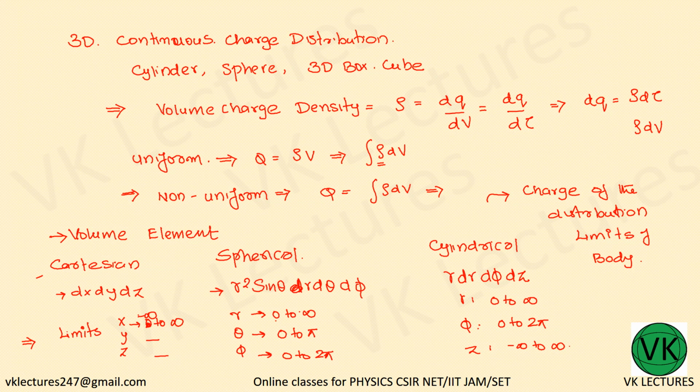For example, if you are considering a cube or a cuboid of length a, b and c, so a, b and c are the length, breadth and the height, then x value ranges from 0 to a, y from 0 to b, and z 0 to c, or whatever the length mentioned in the question.